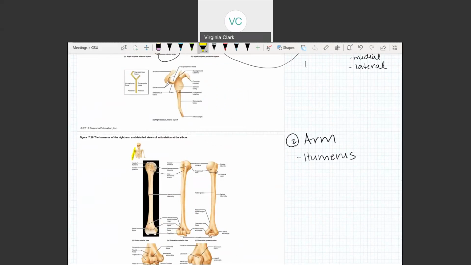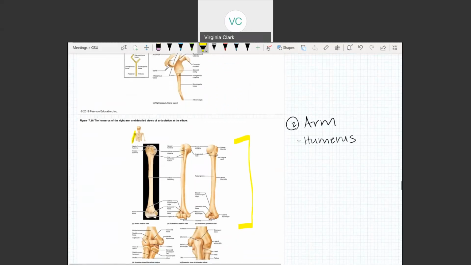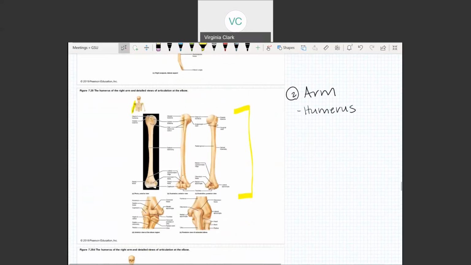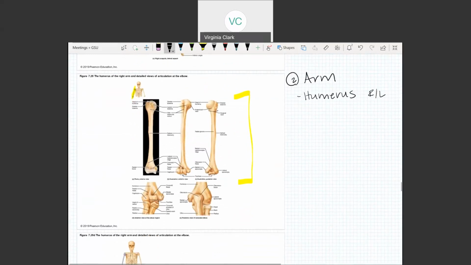When you're looking at the humerus, make sure you know all of these pieces that make up the bumps, the connections, the condyles. You do need to know them all. There's a right and a left humerus depending on which arm you're on, and your humerus is going to connect to your forearm.